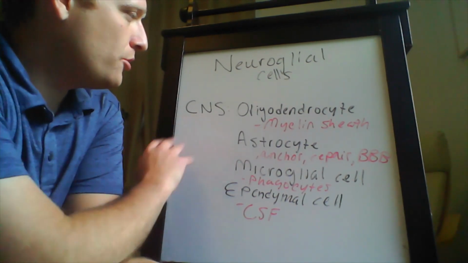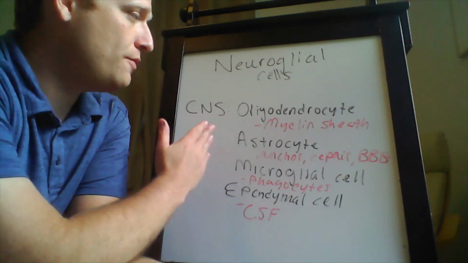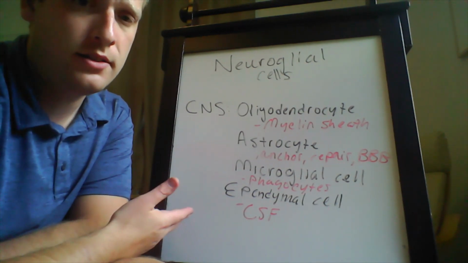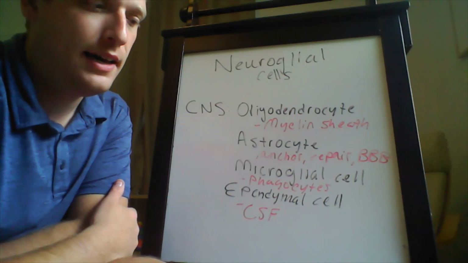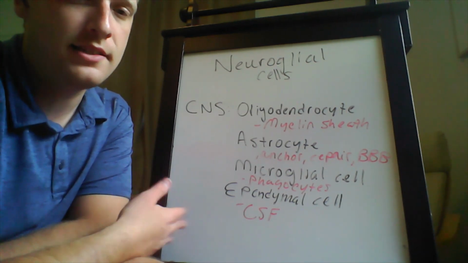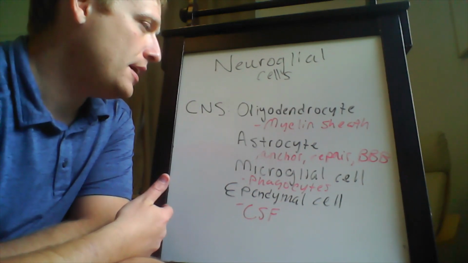So in the central nervous system, you have oligodendrocytes, which form the myelin sheath. They wrap themselves around the axons of neurons and increase the speed of transmission, and also prevent loss of the signal. So they insulate neurons.